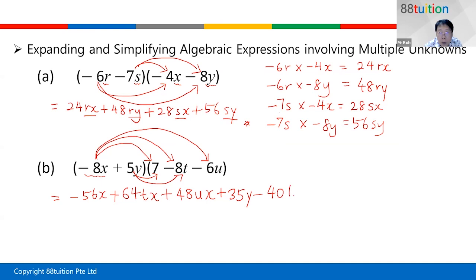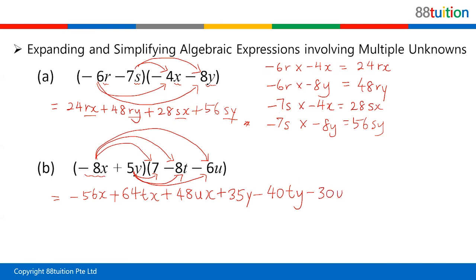Okay, ty. yt is also okay, but we try to arrange according to alphabetical order. Last one, 5y times minus 6u. Minus 30uy. Very good.